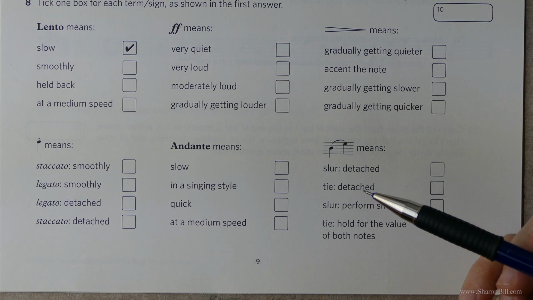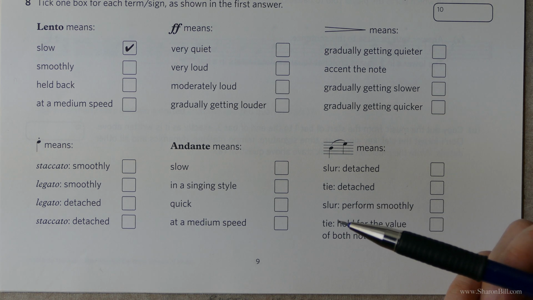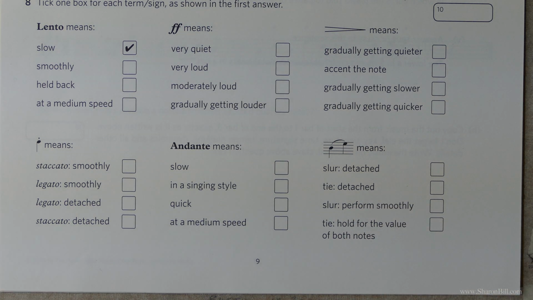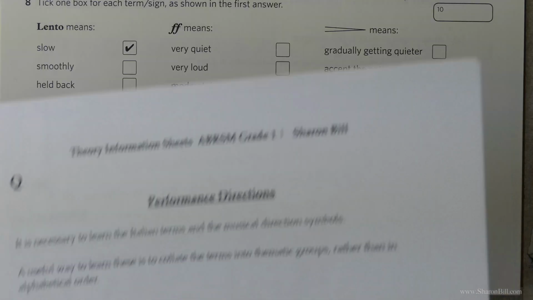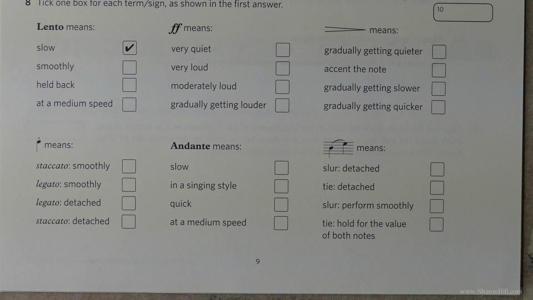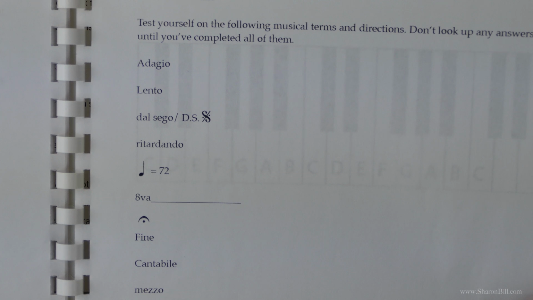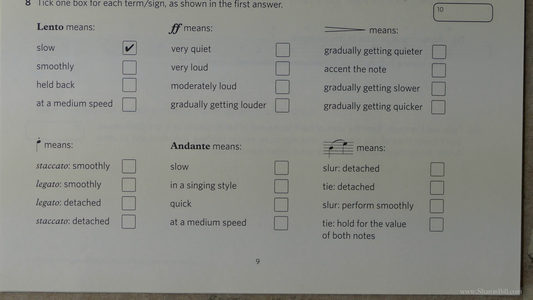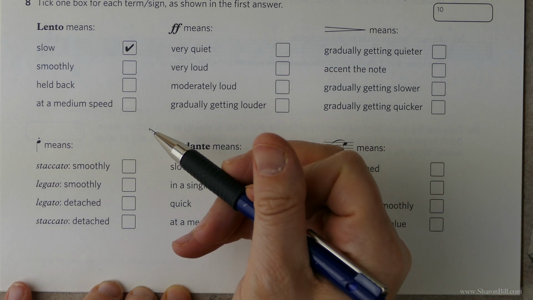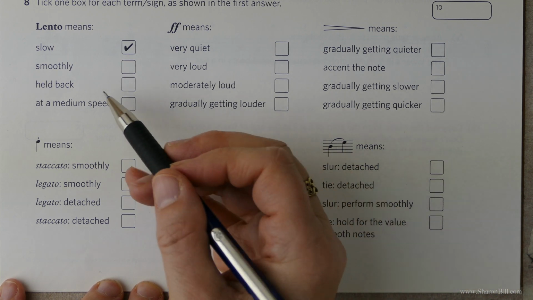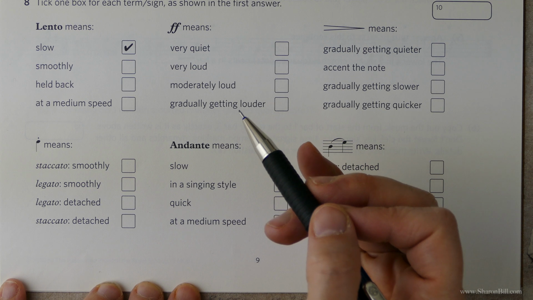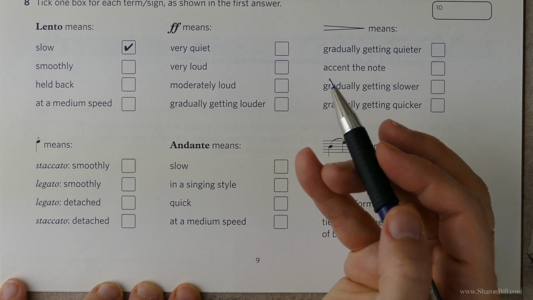So I suggest there's nothing for it but to just do a good stint of revision. If you go to your PDF document, I've given you some revision tips on how to perhaps get to grips by grouping these thematically, and I've also given you a little bit of a test. Try and test yourself. And I'm not sure that multiple choice makes it any easier because there's often some sort of a red herring, so be careful that you read your definitions carefully, otherwise it could throw you off.